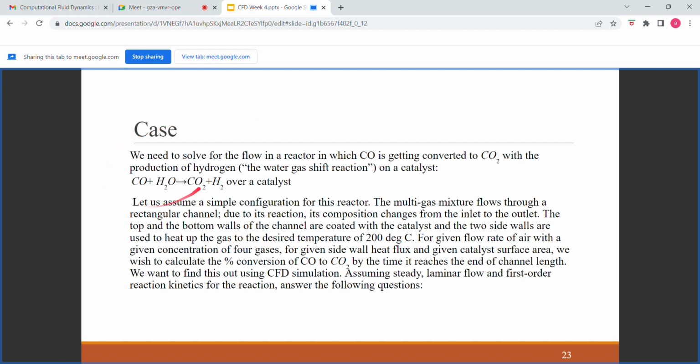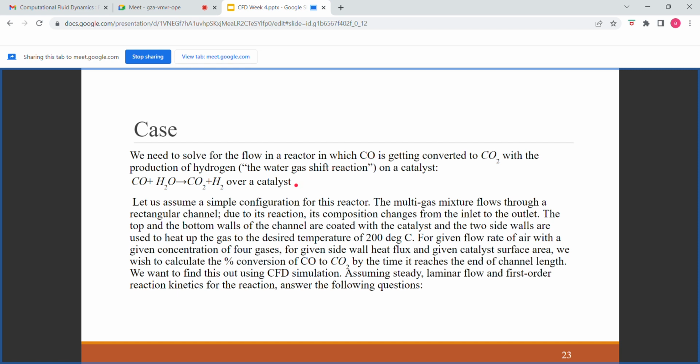This was the same reaction that we studied and solved in the week 4 assignment, where carbon monoxide reacts with water to give carbon dioxide and hydrogen.